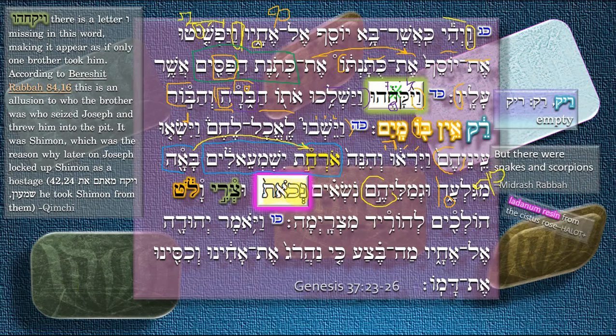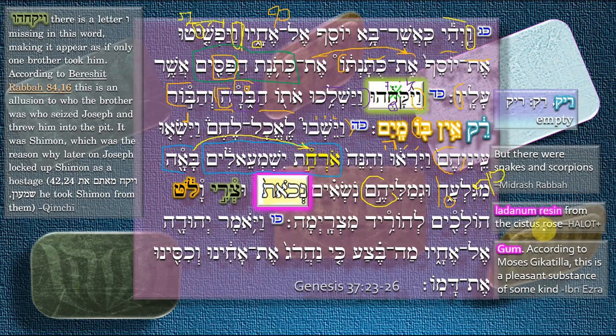Nechot is like ladanum resin. It's from this cistus rose, according to Halot, right? But we learned from the sages that it's a kind of gum. That's how they interpreted it, right? So maybe the gum is the product that was made from this resin, right? And Ibn Ezra gives credit to this guy. Okay. And tsori.